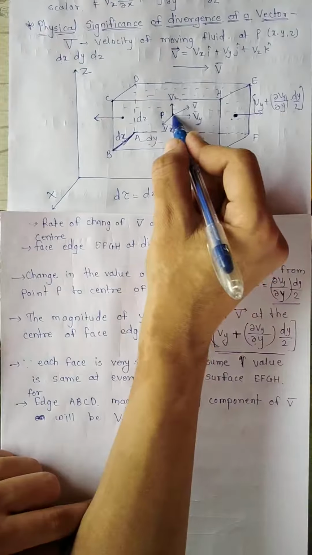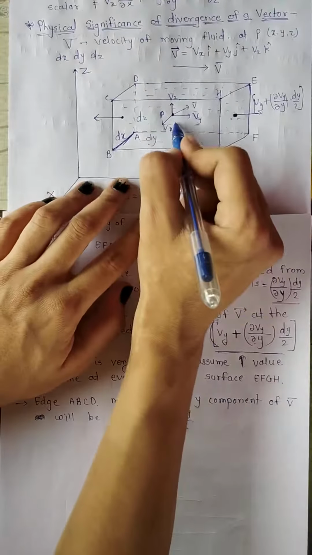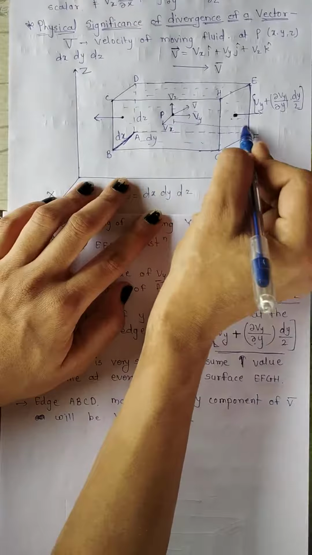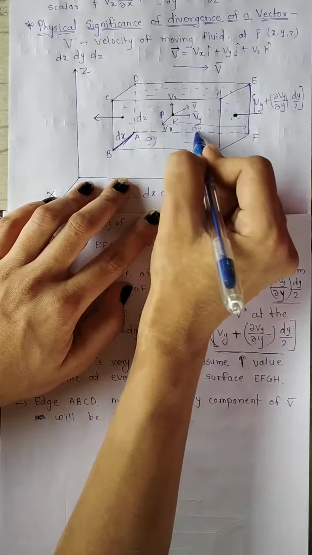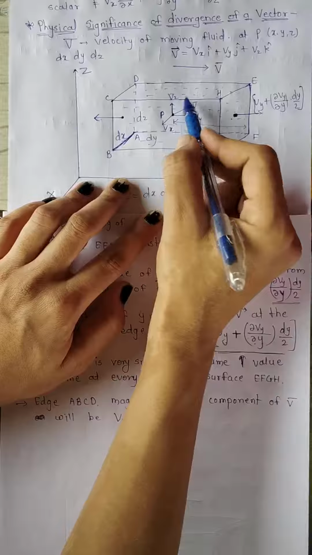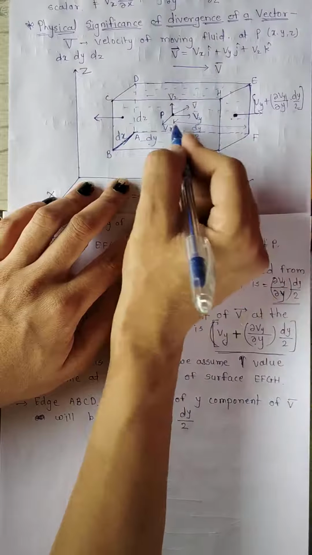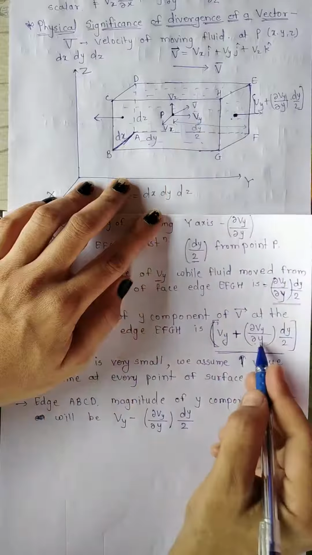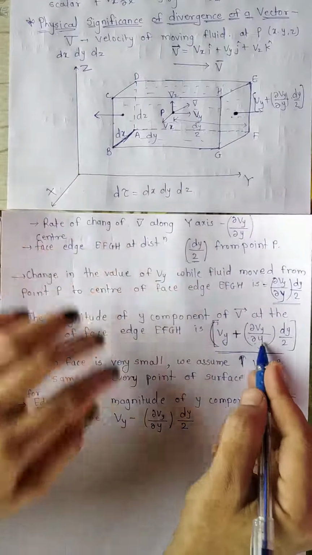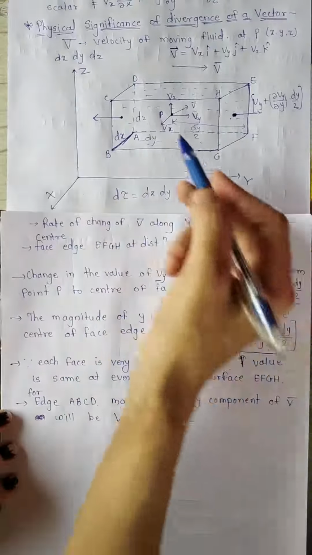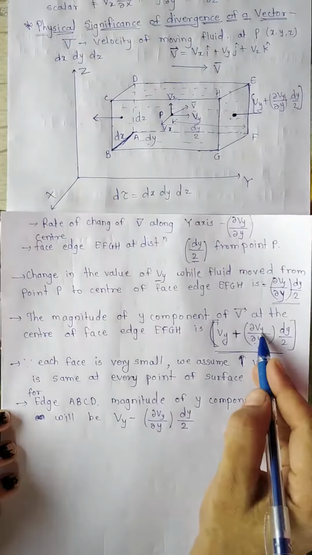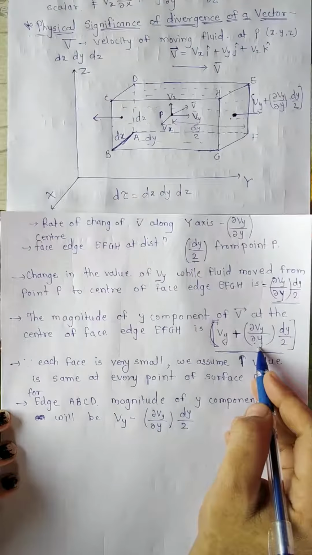consider this as a center, this much distance is how much? Dy by 2, and again this distance is the same, dy by 2, but the rate of flow of Vy component along negative y axis will be minus dou Vy upon dou y.